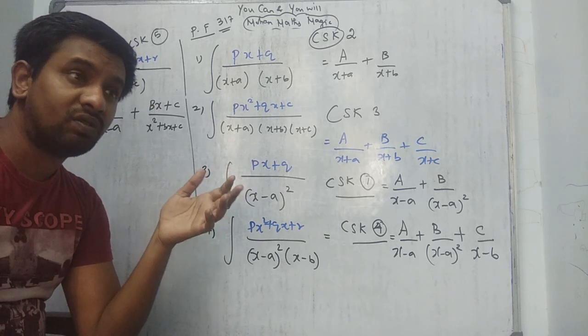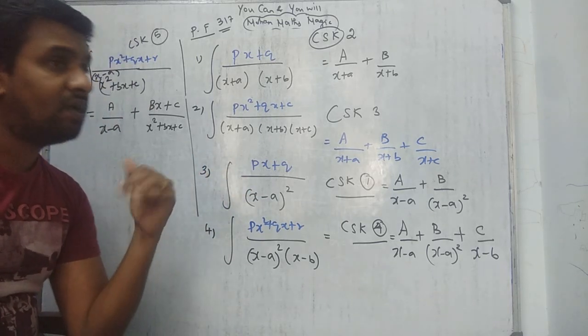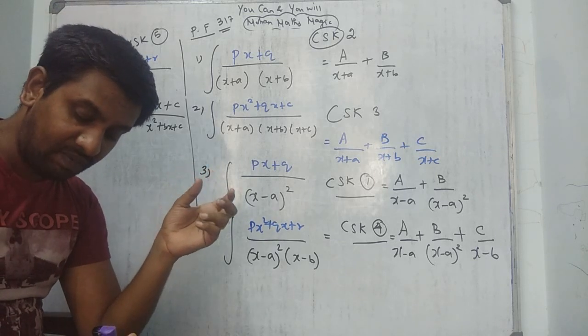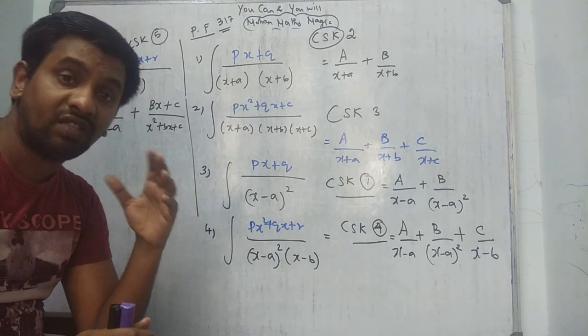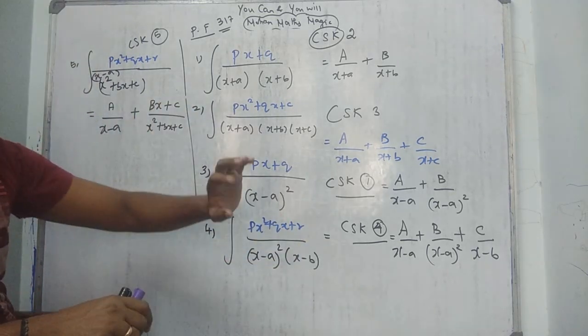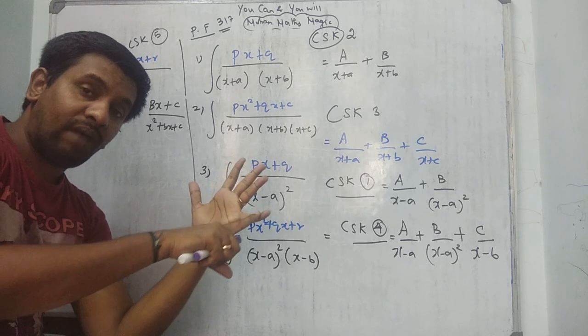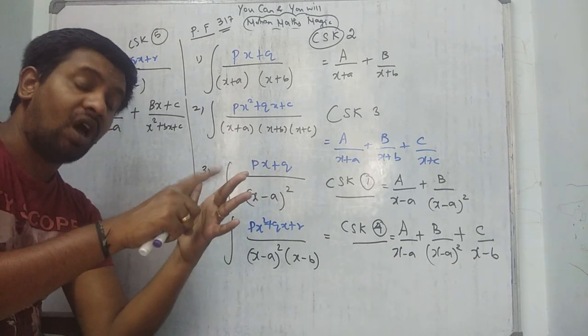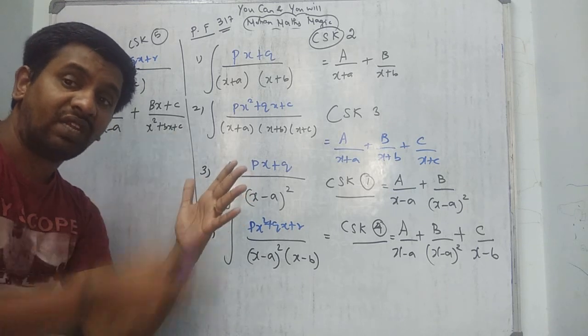Please be very clear on the lambda mu method. For the long division method, you have quotient plus remainder by denominator. That also I have done in the previous video, and it will be used in partial fractions also. Go through the previous video and find out what the completing square method, the lambda mu method and the long division method are. These three you have to be very thorough in for integrations.